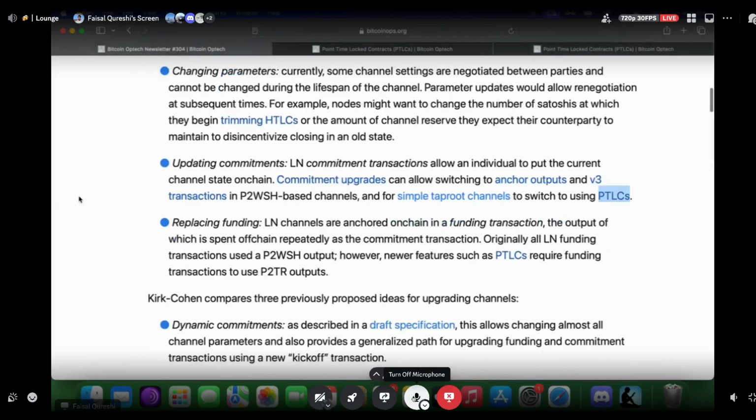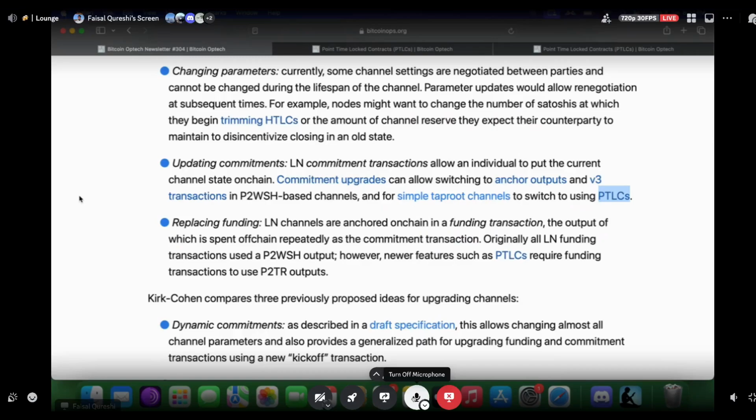I don't think it's currently being used, right? Just one quick question. I don't think any Lightning implementation currently uses PTLCs, to the best of my awareness. I had recently heard about this one, Phoenix. I'm not really sure, but I had read somewhere that Phoenix is either in the beta stage, or they're working on it, or they already have something ready.